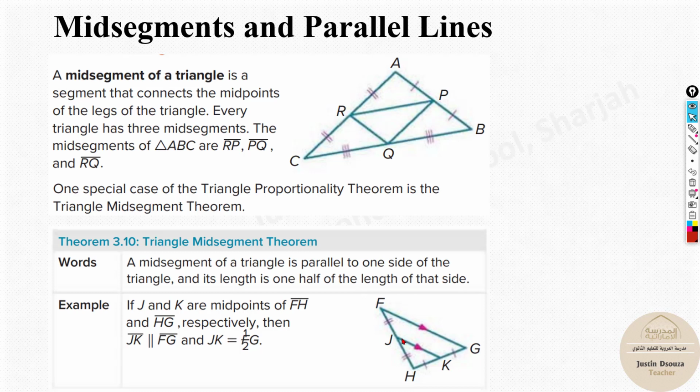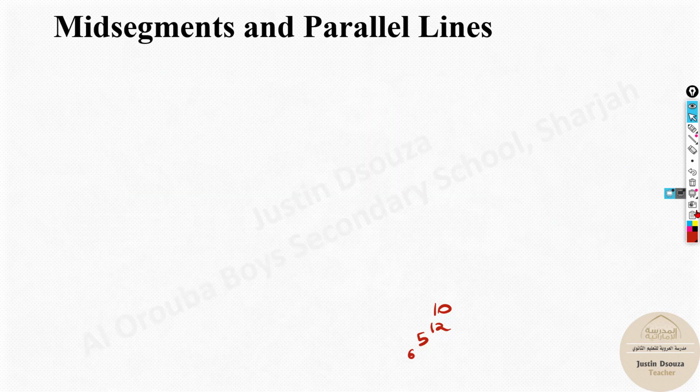Then you can always see that this parallel line JK will be half of FG, the bigger parallel, or FG is 2 times JK. So what it means is, whatever the dimension over here, say this is 10, this will be half of it, or if you know this to be 6, this will be twice of it. That's what it means. So that is about one theorem.